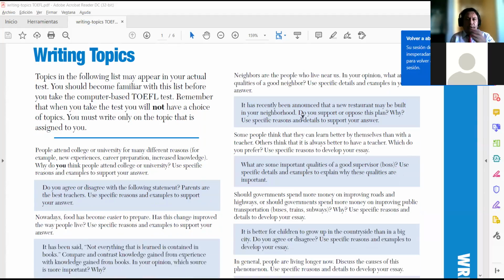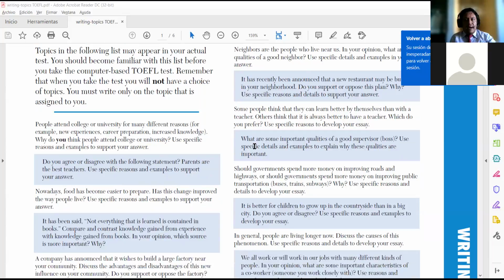So what I would like you to do now is to choose one of these topics that asks you to do a comparison contrast. It can be either comparison contrast or advantages or disadvantages.